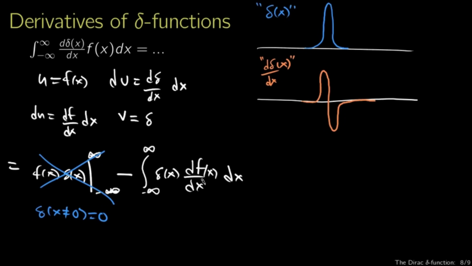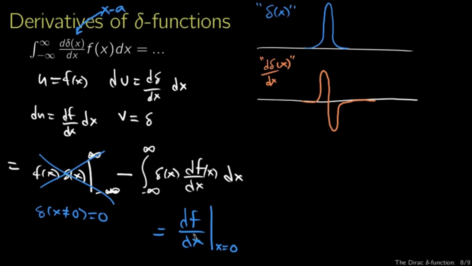So it's just going to pull out the value of df dx at x equals 0. That's our answer. So multiplying f of x by the derivative of the delta function pulls out the derivative of f of x at whatever the argument of the delta function is. You could just as easily have written this as x minus a, the argument of the delta function, and then it would pull out the derivative of f of x at x equals a.